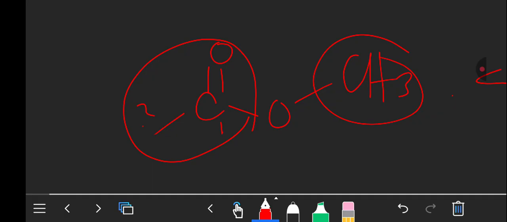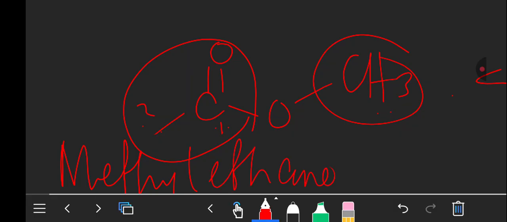Because this group is a methyl group, we name this as methyl. Then these are 2 carbons, so it is eth. Initially it was ethanoic acid, so it will be ethanoate. It is an ester. It is methyl ethanoate.